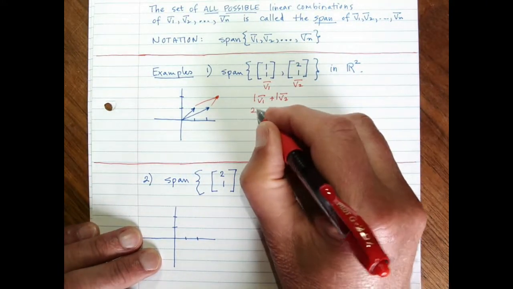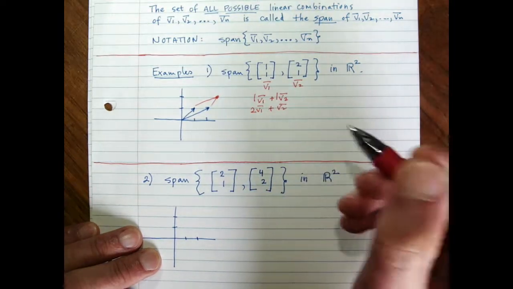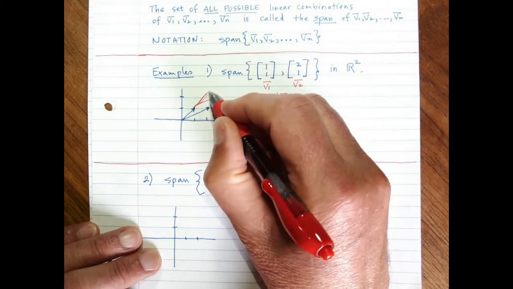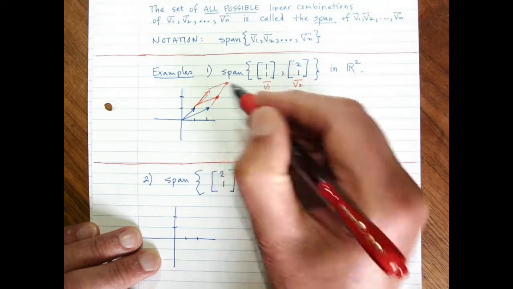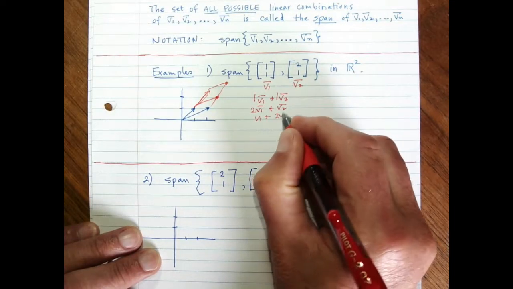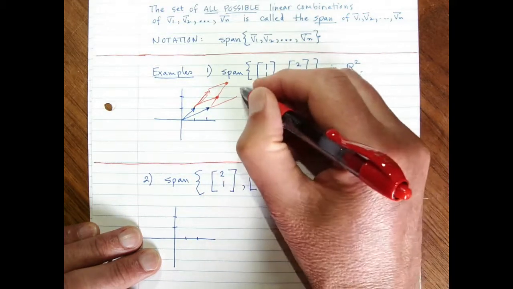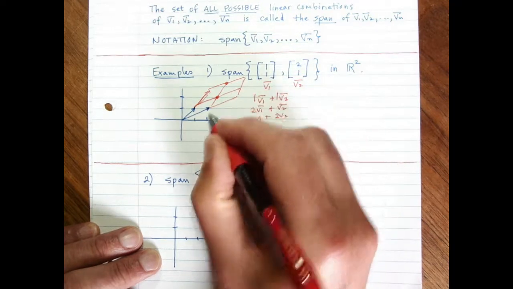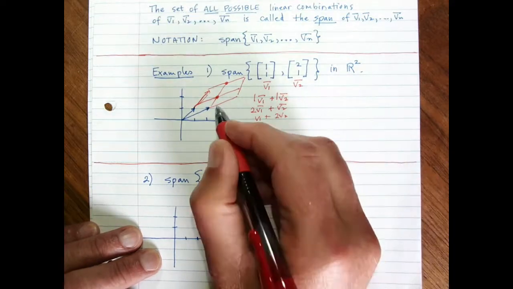If I took 2v1 plus v2, I would take 2 of the first plus the second, and I get another vector here. I could take v1 plus 2v2. I mean, this goes on and on forever. If I take 2v2 plus v1, what I'm trying to draw here is sort of a diamond tiling of the plane.